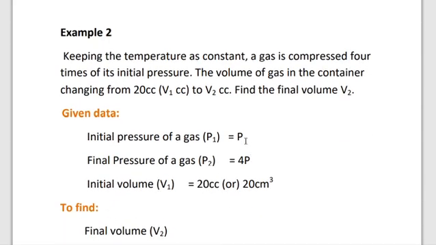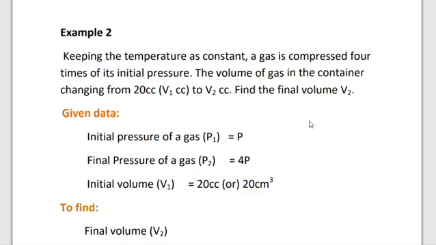Then we move to the problem example 2. What is the problem? Keeping the temperature constant. So here temperature is constant. A gas is compressed 4 times. That is very important. Compressed to 4 times its initial pressure.